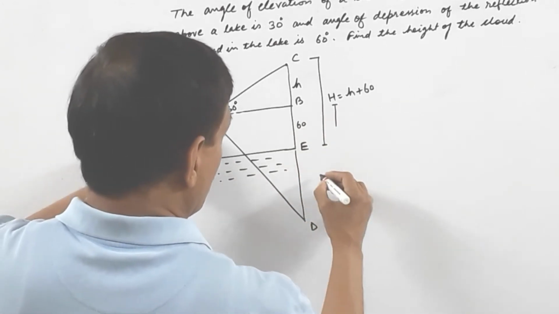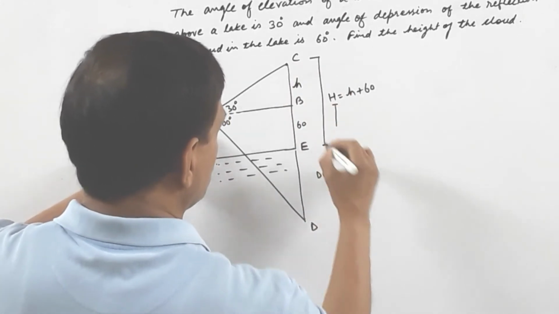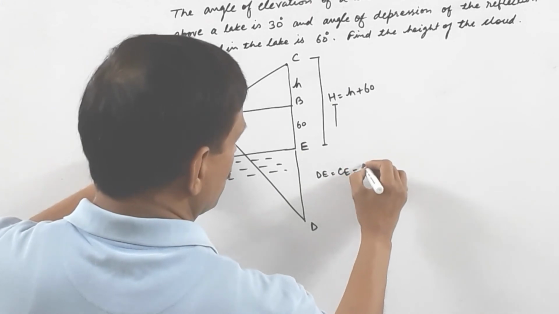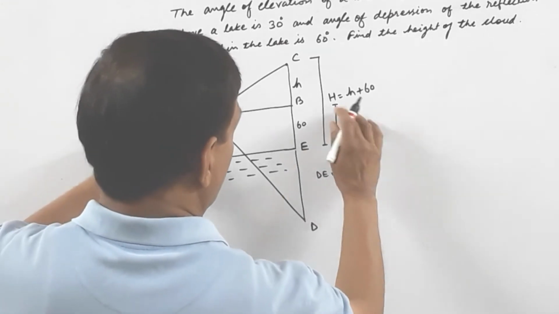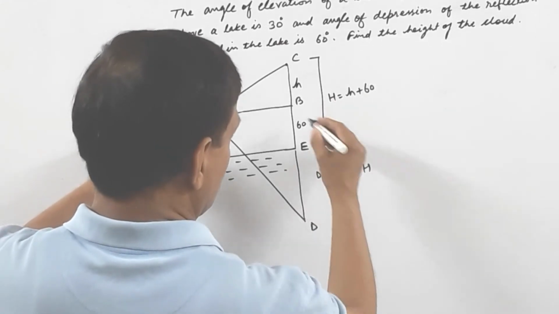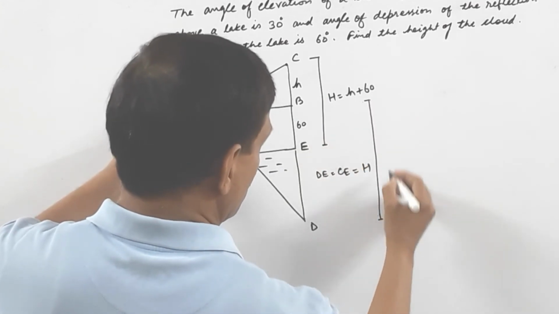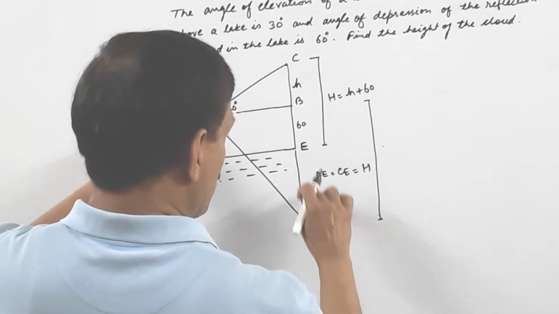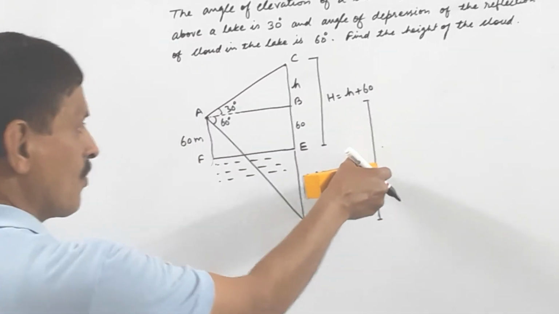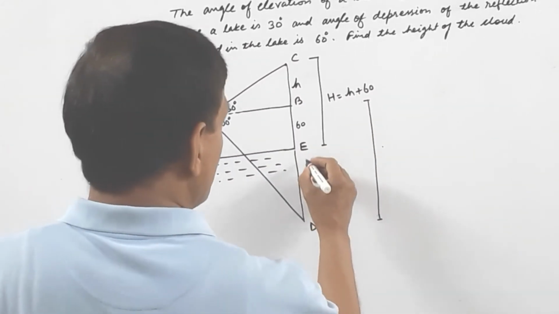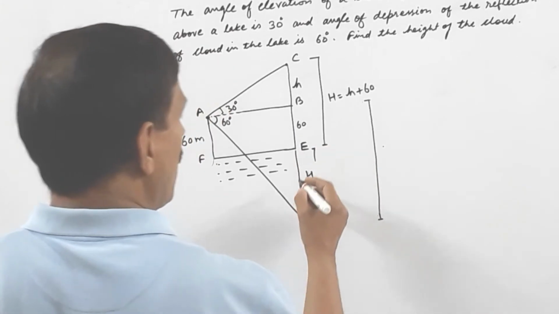Now DE is equal to CE, which is equal to h plus 60.